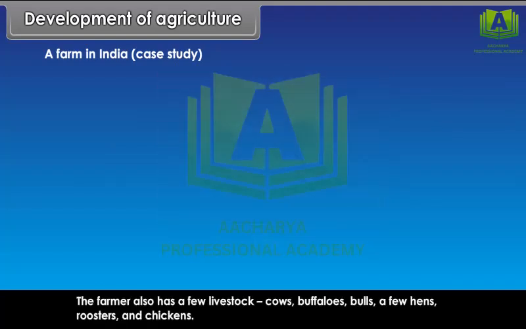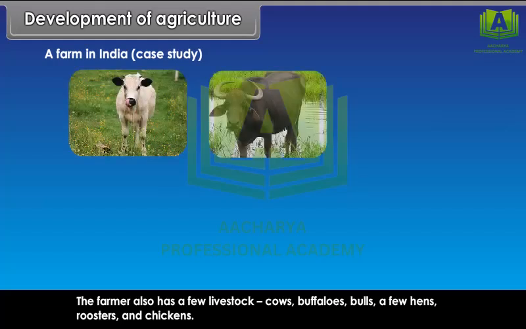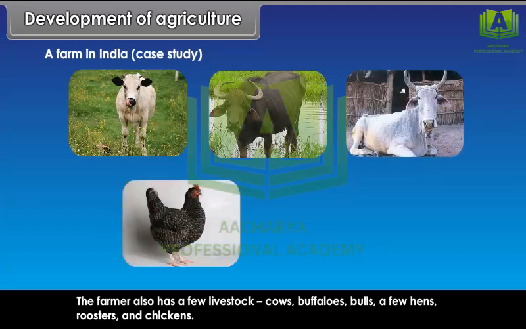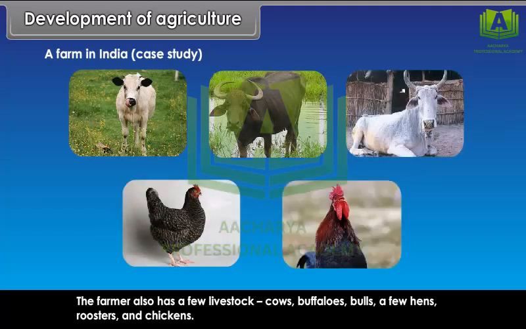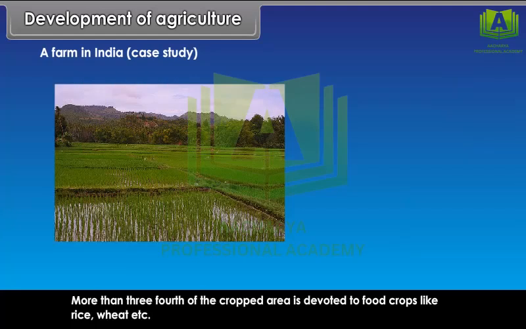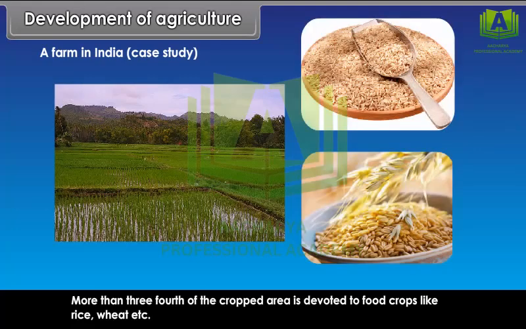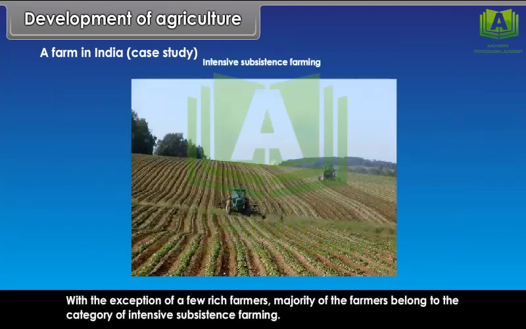The farmer also has a few livestock: cows, buffaloes, bulls, a few hens, roosters and chickens. More than three-fourths of the cropped area is devoted to food crops like rice, wheat, etc. With the exception of a few rich farmers, the majority of the farmers belong to the category of intensive subsistence farming.